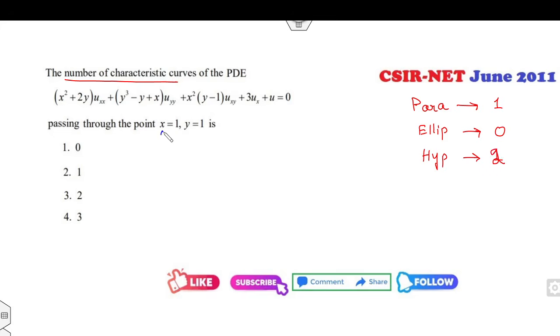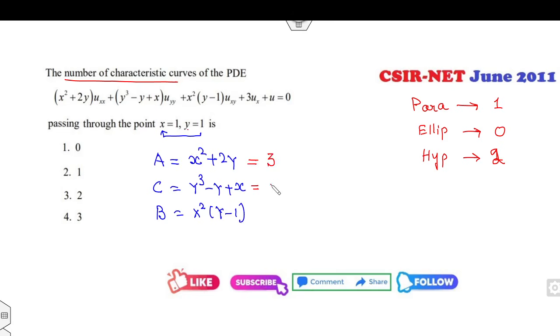Now since we need to find the characteristics curve at this point, what is my A? x square plus 2y. What is my B? y cube minus y plus x. C is x square. No, sorry, this is my B. Make sure this is u yy. This is my C and this is my B. Now I can find these values at the point (1, 1).